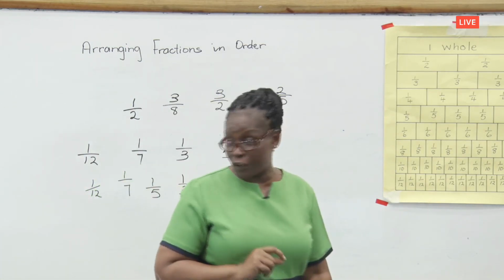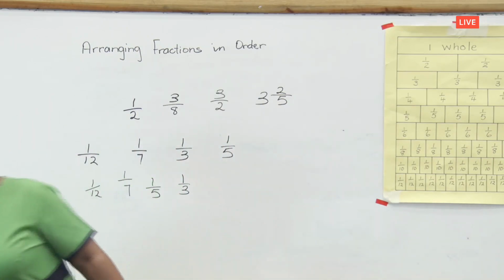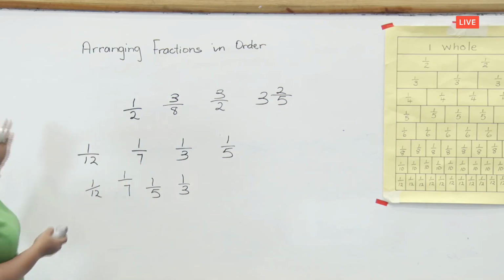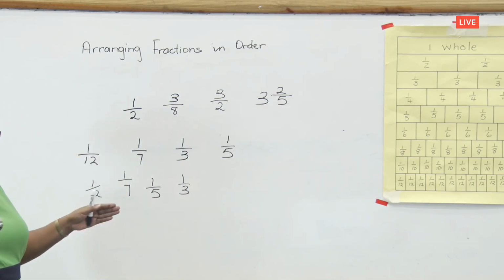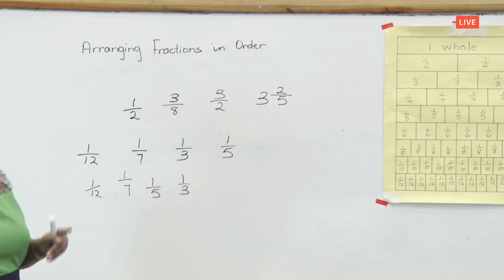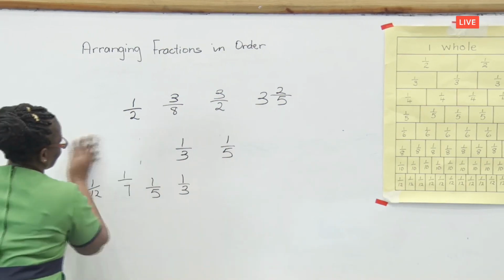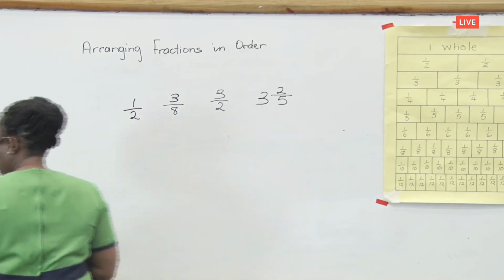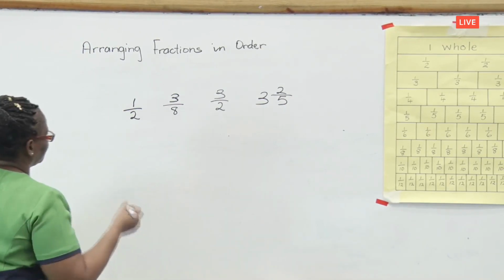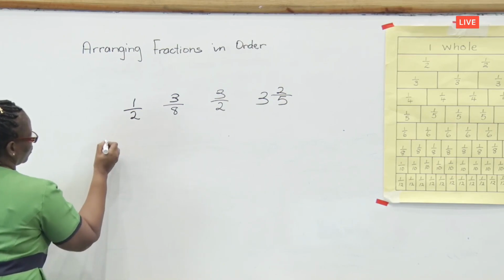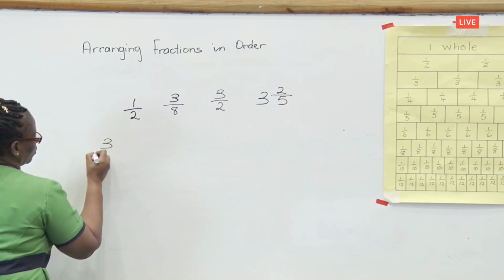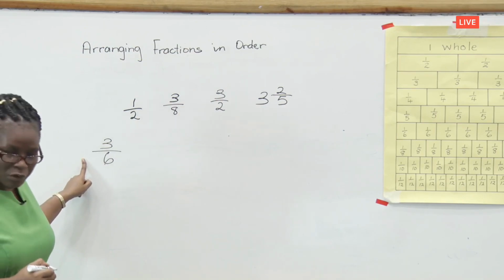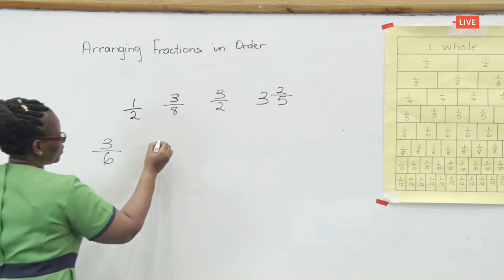But let's try one more example. That is not a unit fraction, but we are going to have the same numerator. Let's see if it will work with any fraction once the numerators are the same. What do we call this fraction?